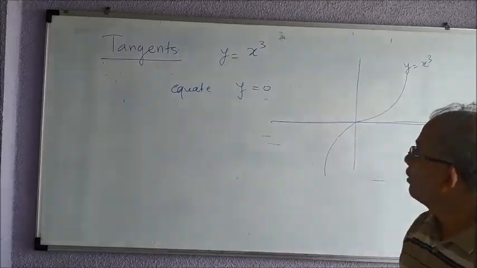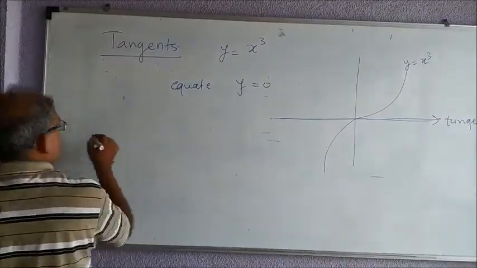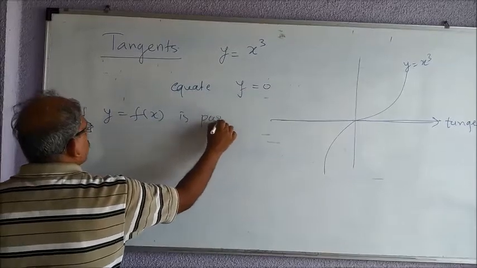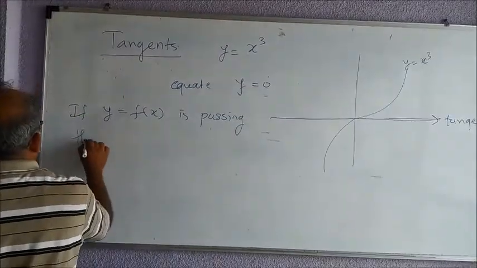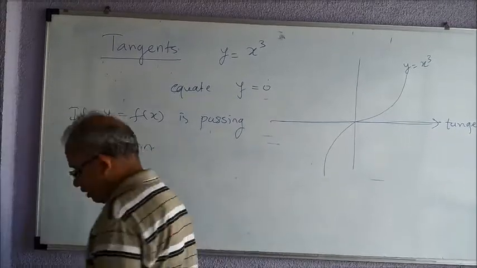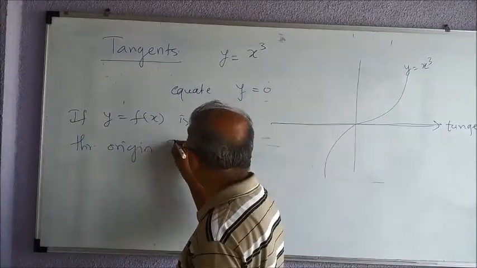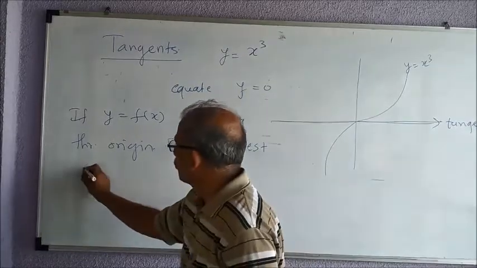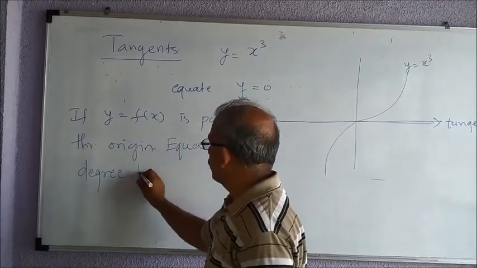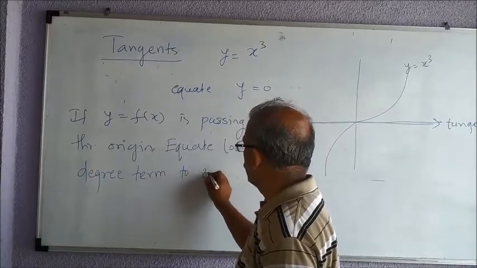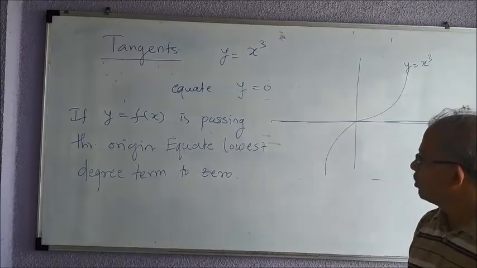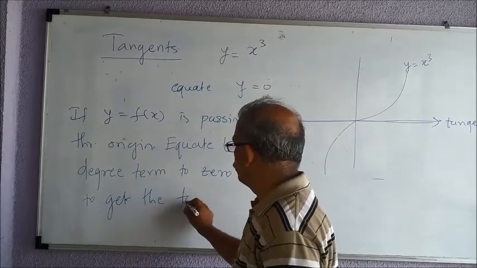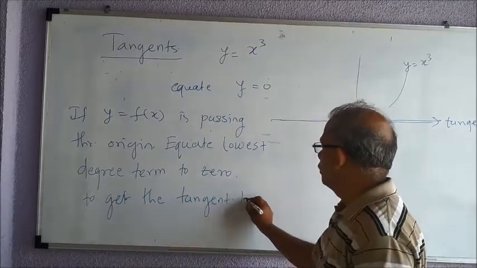So Newton's rule says, let me write it down once again here: if y equal to f of x is passing through origin, equate the lowest degree term to 0 to get the tangent to the curve.